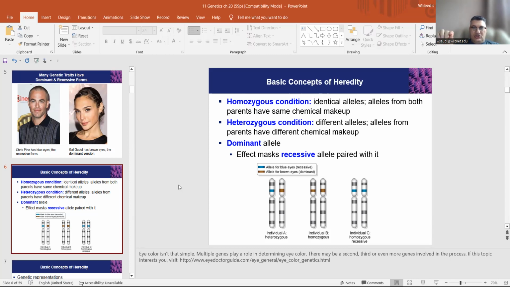Phenotype. Another term here, genotype, phenotype. Like if I ask you what my eye color is, it's brown. What do you call this? My actual eye color. You call it phenotype. If I give you the chromosome to look at the alleles, what is it?